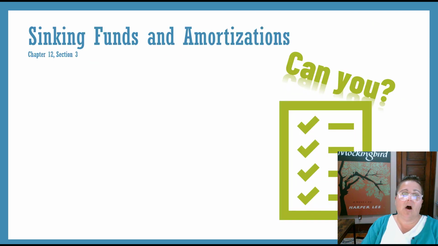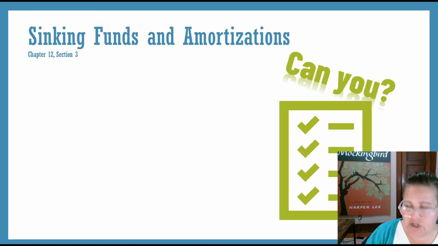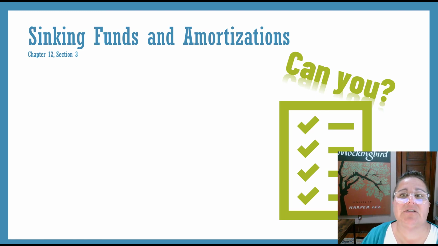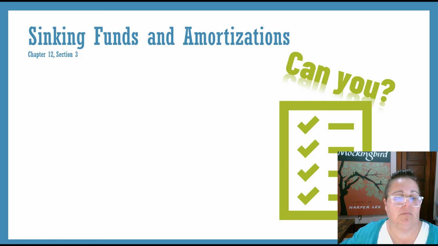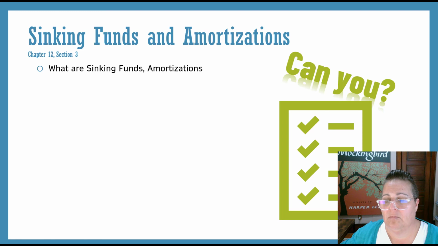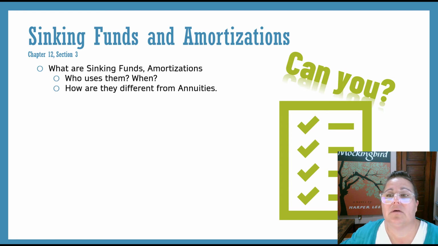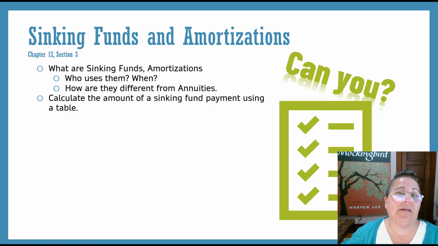All right, so at the end of all of this, how do you feel? Confident? Do you know what sinking funds and amortizations are? Do you know who might use them and when? Can you determine how a sinking fund would be different from, say, a future value annuity? And how is an amortization different from a present value annuity? What's different about them?